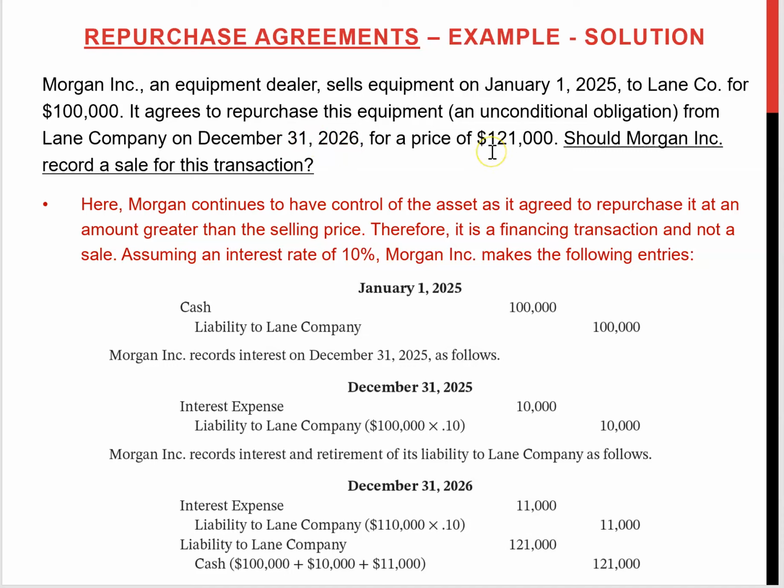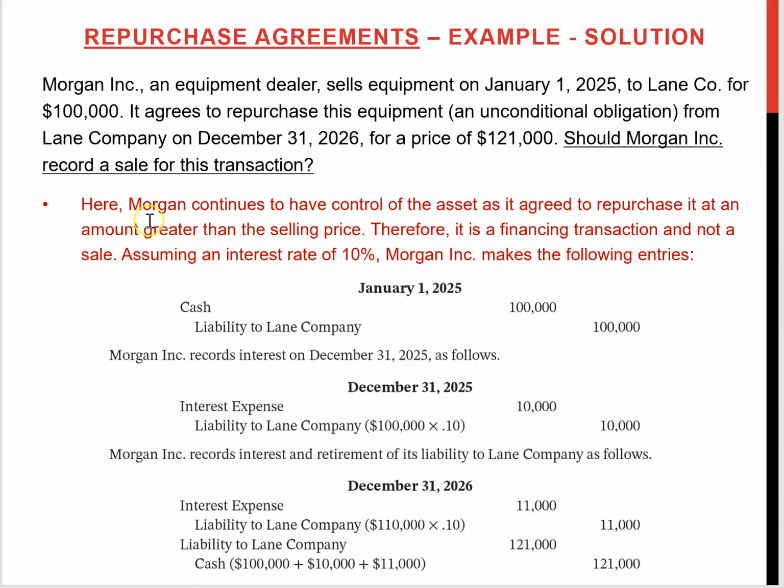And look at that, the repurchase price is higher than the original sales price when they transferred the equipment to Lane, because the repurchase price is 121,000 and the sales price on January 1st was 100,000. So according to the chart you just have seen, the repurchase price is higher than the sales price, so it's a financing agreement. So it's kind of a loan, so we have to calculate interest.